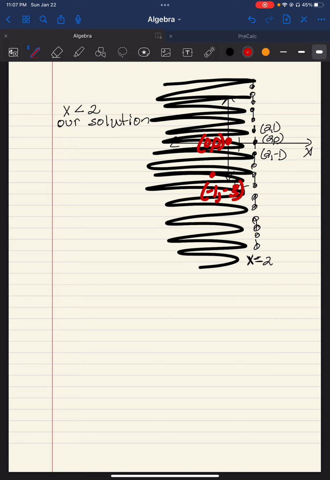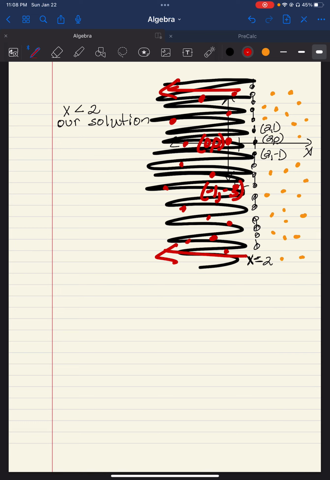So all of your points for solutions end up on this side because these are all the spots where the x value is less than 2. Over here, everything on this side, the x values are all going to be bigger than 2. The y values could be less than 2 or equal to 2 or greater than 2. We don't really care about the y values because this equation is only worried about one variable. So the solution set is going this way, okay?